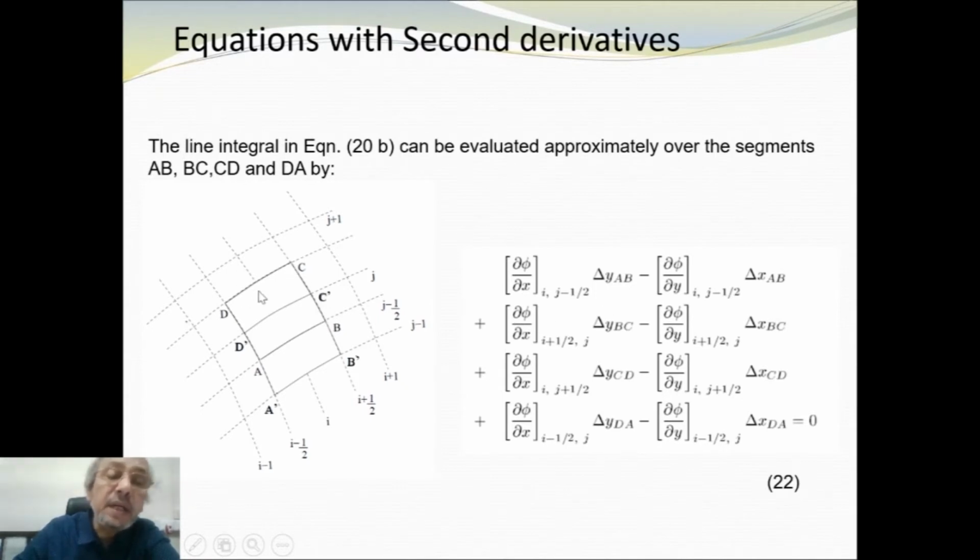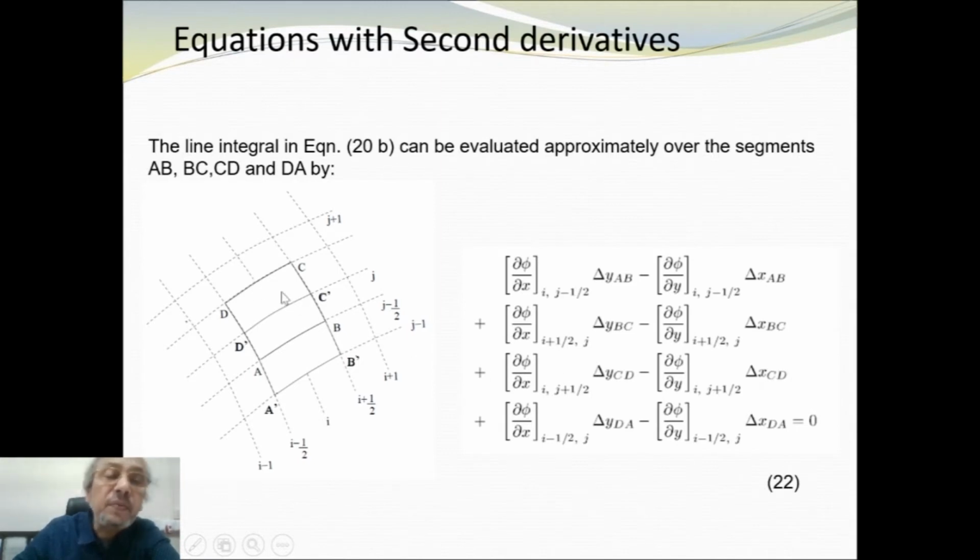Similarly, the third line: del phi del x has to be evaluated at this point, which is i, j plus half.